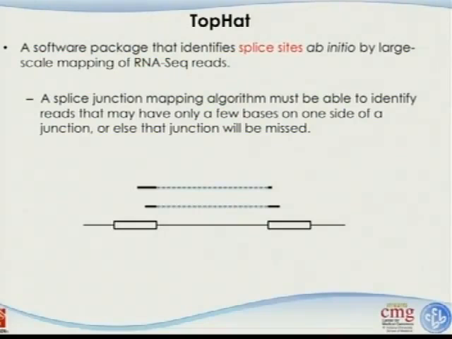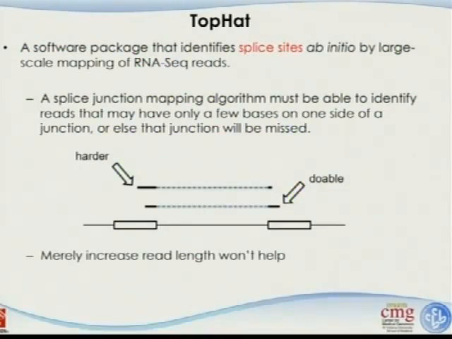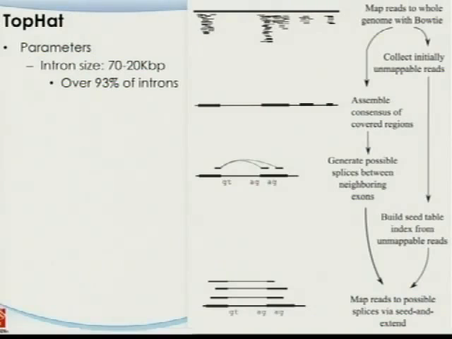You can align it. But at this end, since only less than 10 base pairs are touching the other exon, there's no way that you have enough specificity to map it to the close exons. So it becomes really, really hard because this part is short. And we don't really have control over what the sequencer did, how it really identified this. So this is doable, but this is really, really hard. And for this type of scenario, only increasing the read length won't help either.